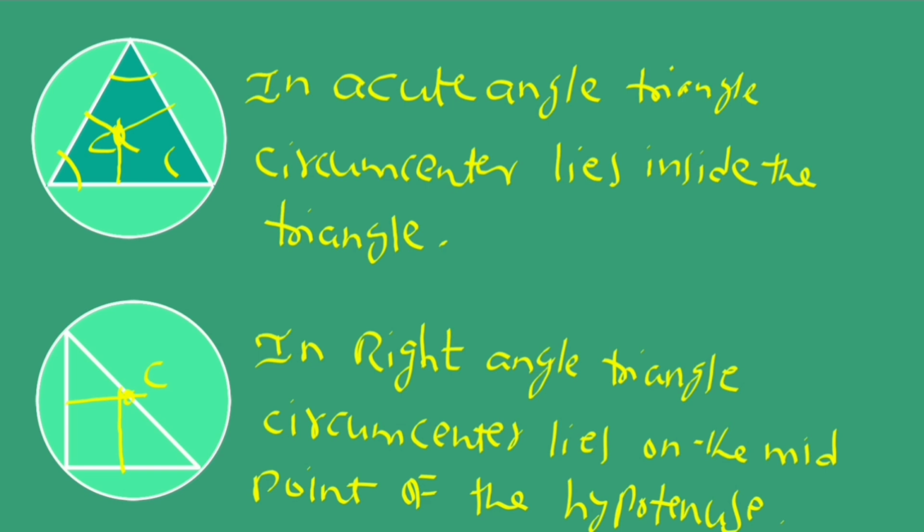Okay, next, this is the obtuse angle triangle. Now suppose I draw a perpendicular bisector for this line, and for this line a perpendicular bisector. So these two perpendicular bisectors are meeting outside this triangle. So this is C, the circumcenter. Write down this in statements.